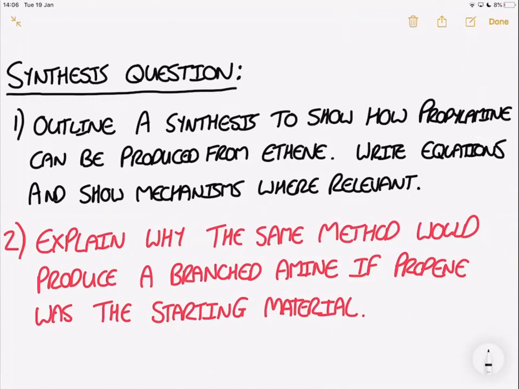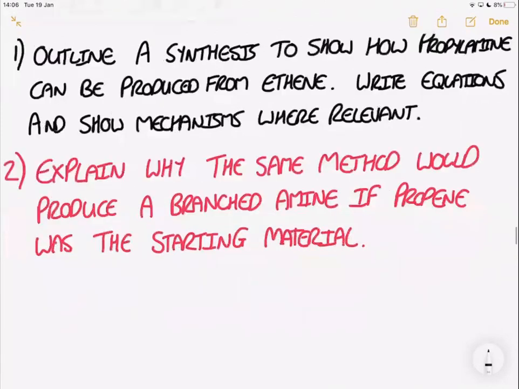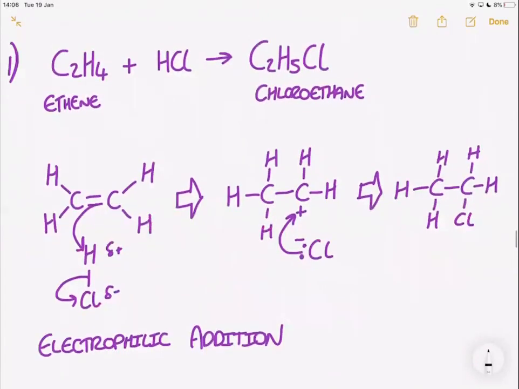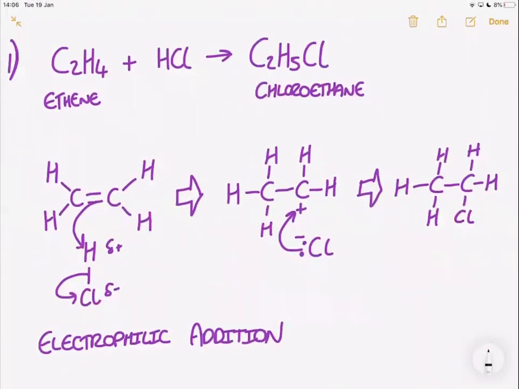So for the first one, we'd start with the electrophilic addition of hydrogen chloride to ethene to make chloroethane. Mechanism would look like that. I've not written an equation for this one, I don't think, but it'd be C2H4 plus HCl gives you, oh no, it's there at the top. I just thought it was going to be at the bottom. There it is at the top.